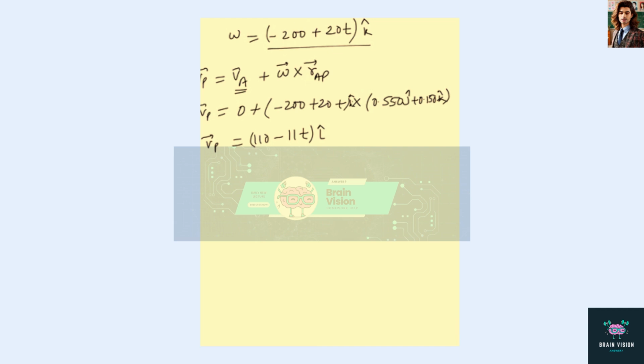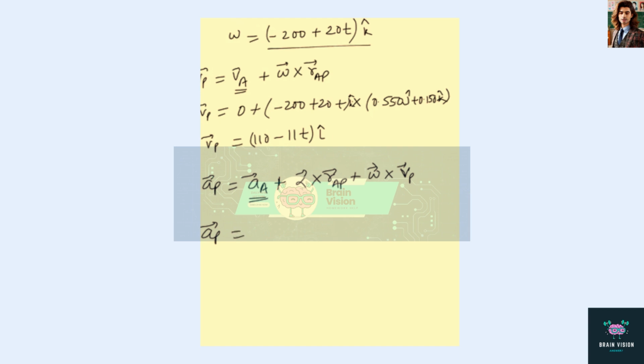So now finally, after having the velocity at point P, we can calculate the acceleration at point P as AP equals AA vector plus α vector cross RAP vector plus ω vector cross VP vector.